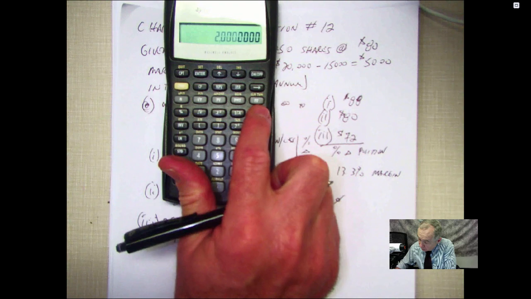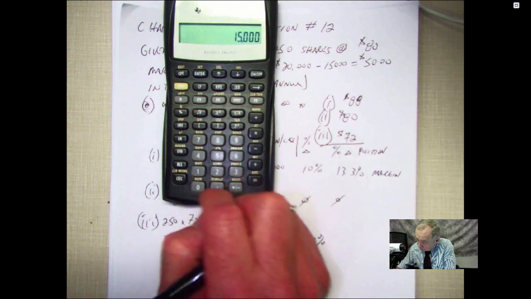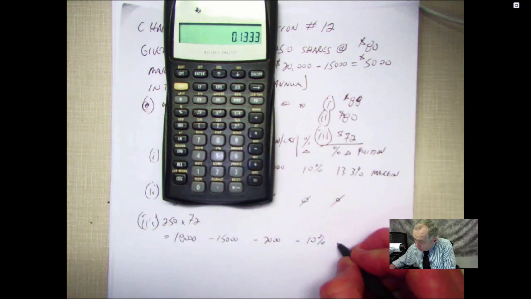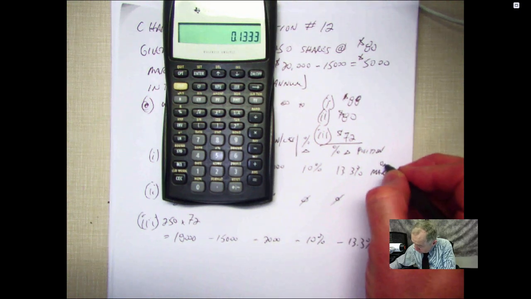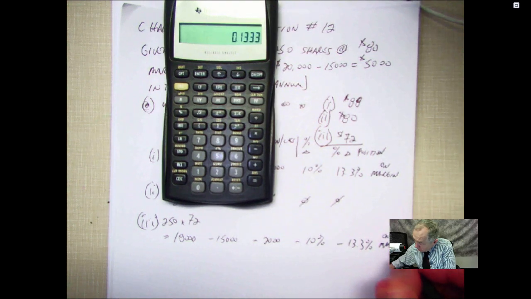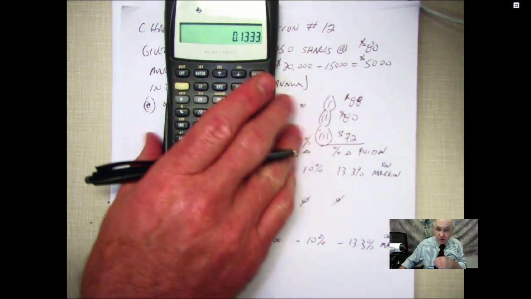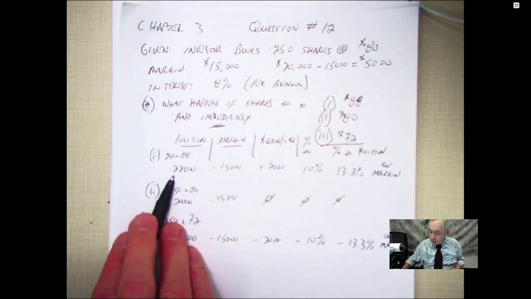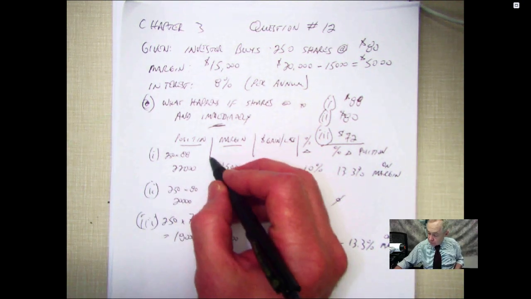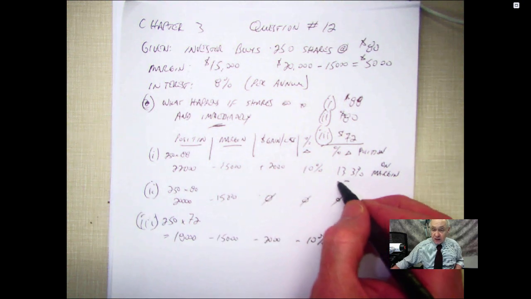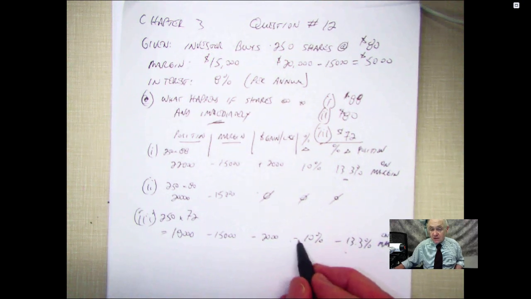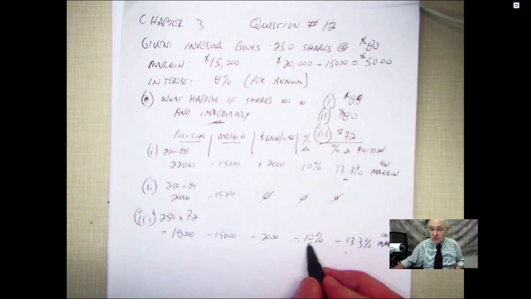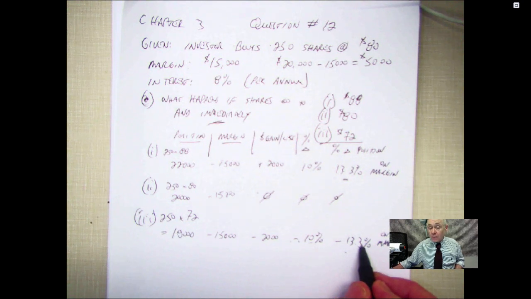And 2,000 on the margin amount is a loss of 13.3% on margin, which serves to illustrate that if you borrow, your position is magnified as things go up, but magnified if things go down. Whereas the position itself only fell by 10%, the return on the amount of margin was increased to 13.3%.